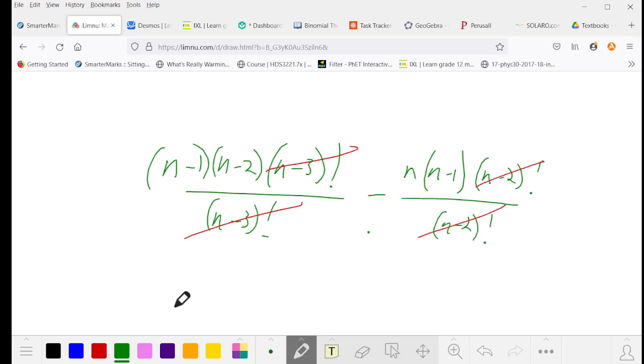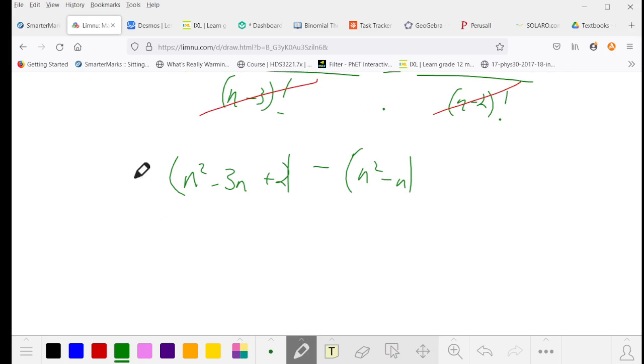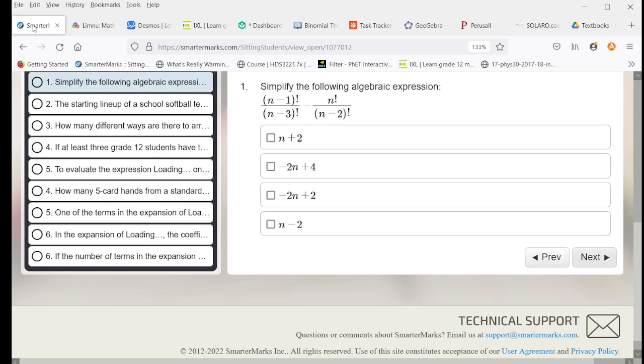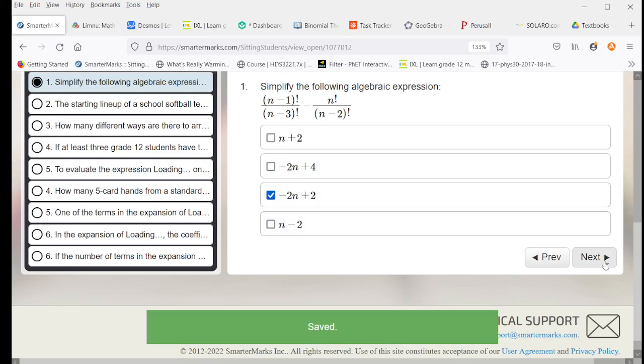So we'll be left with n squared minus 3n plus 2 on the left, minus n squared minus n on the right. So that's a negative 3n plus 2 plus n when our n squares cancel. So that's negative 2n plus 2, or the equivalent. And we do have negative 2n plus 2 right there.